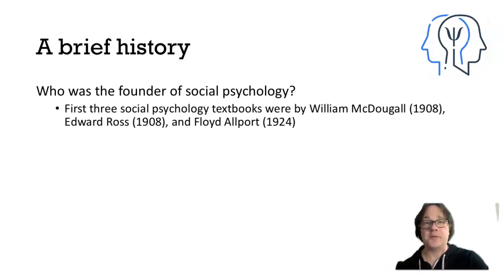Norman Triplett, for example, was doing some research on social facilitation, which we'll talk about. But these three and their textbooks started the field officially, let's say, the first official step at getting social psychology recognized as a field.